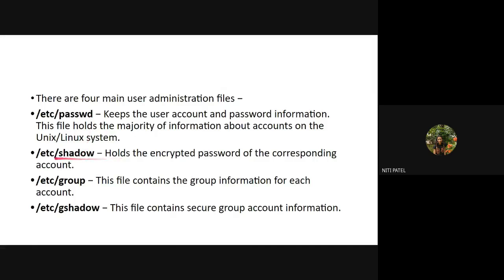In a shadow file. Again, where is that file? Inside etc. So you have the password information in this /etc/passwd also. The same information is encrypted and stored inside /etc/shadow also.